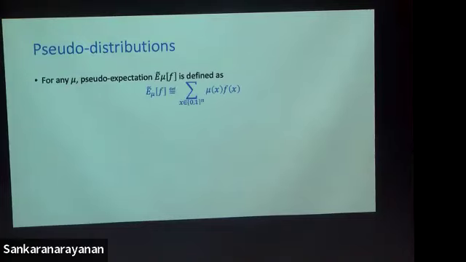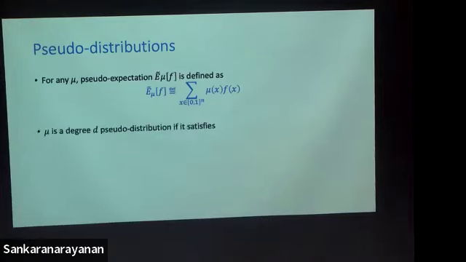Right, so let's say we define the pseudo expectation of a function to be this value, the summation over x in {0,1}^n of mu(x) f(x), right? So in some sense, it's the formal expectation. Mu is not a probability distribution, but we are defining expectation with respect to mu in this way. So it's not an expectation, so we are going to call it a pseudo expectation.